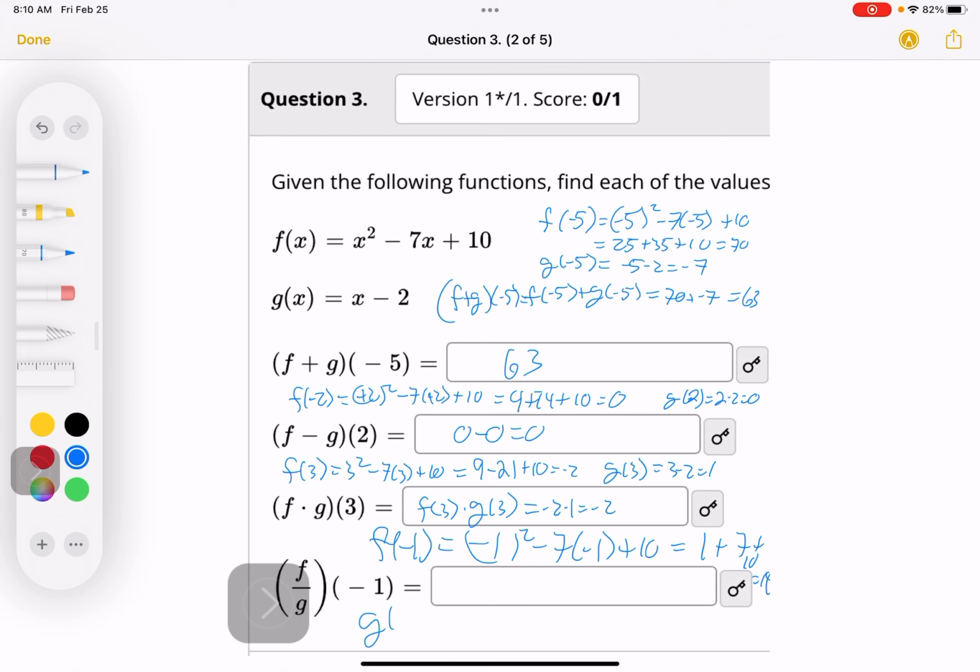And g of negative 1 is going to be negative 1 minus 2, which is negative 3. So we have f divided by g of negative 1. That's f of negative 1 divided by g of negative 1. So that's going to be, what did I say, that was 18 divided by negative 3. So I get negative 6. Okay. Hope that helps.